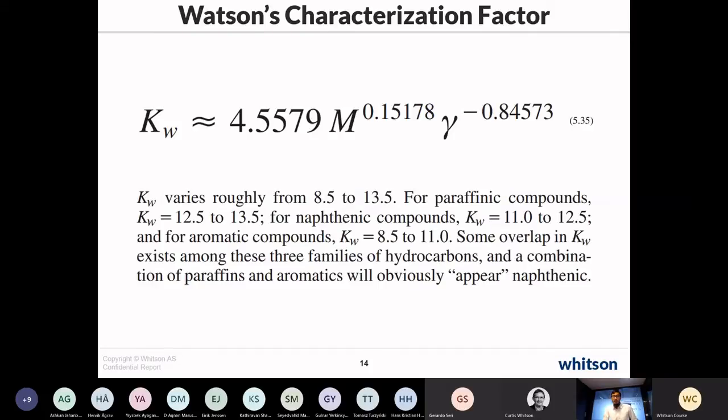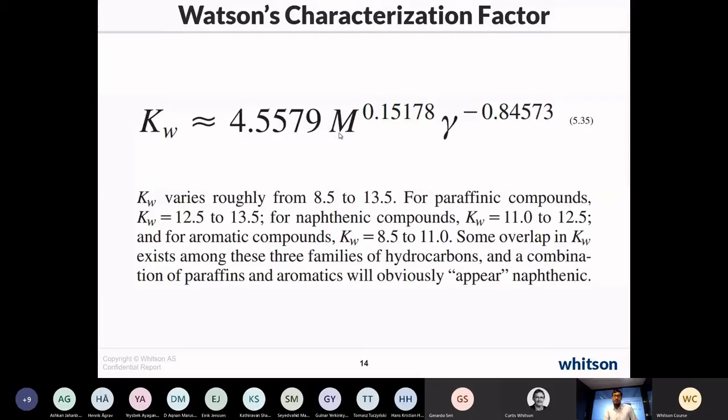The expression for calculating the Watson characterization factor is this. This is equation 5.35 in the SPE monograph. It's a function of the molecular weight and the density.